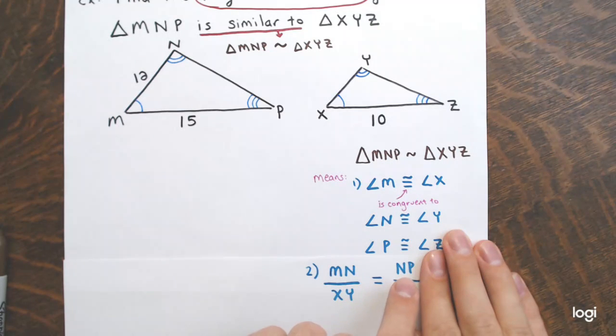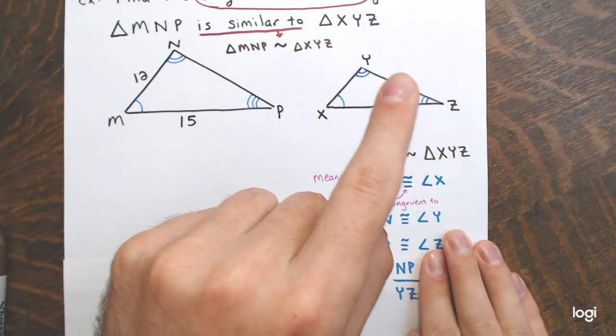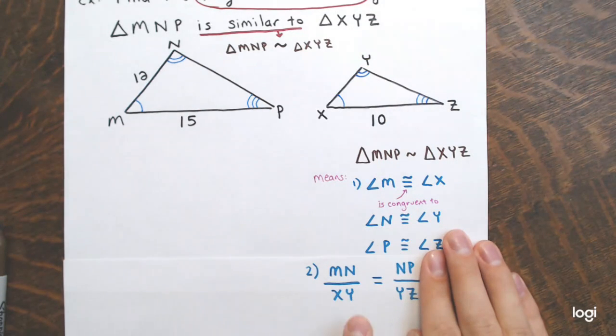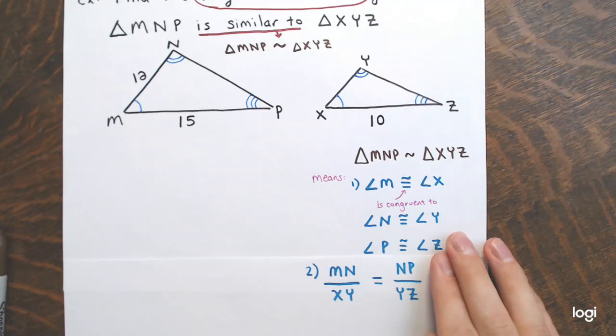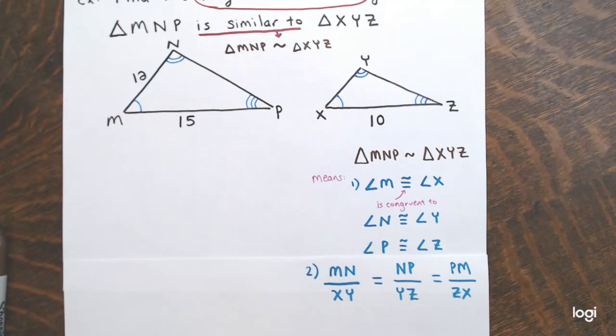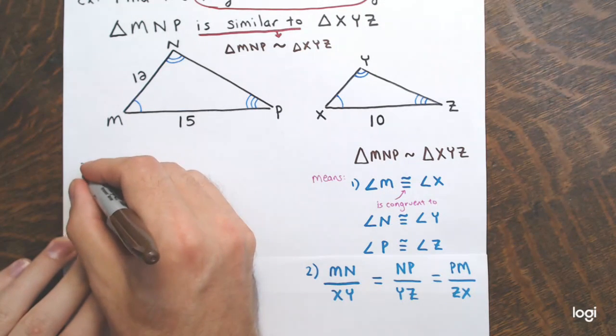And then NP to YZ here, I do not know either one of those lengths. So if I use this proportion, I'd have three missing pieces, and I can't do anything with that. I want to set up an equation where I only have one missing piece. So it would have to be this ratio here. So here's the proportion I'm going to set up.